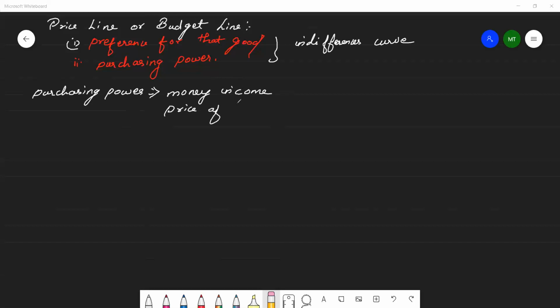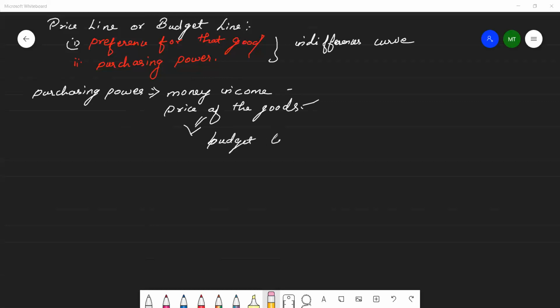So money income and price level represent the budget line. What do these two represent? Budget line.